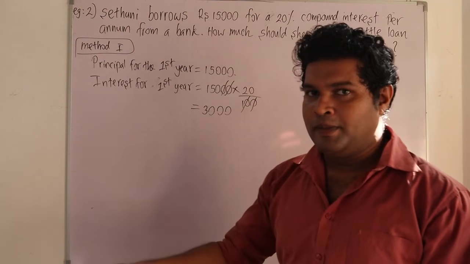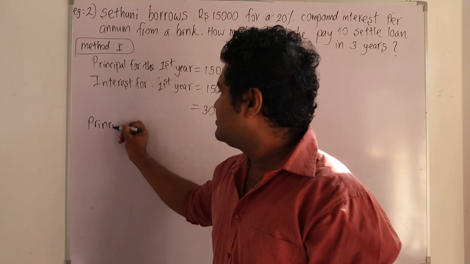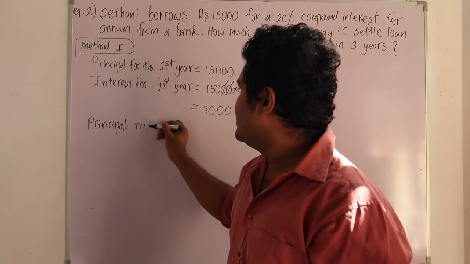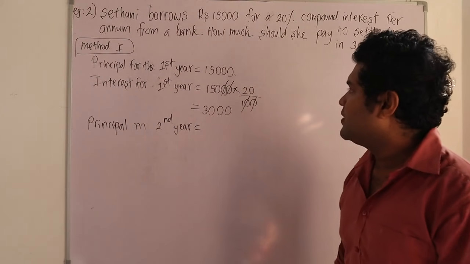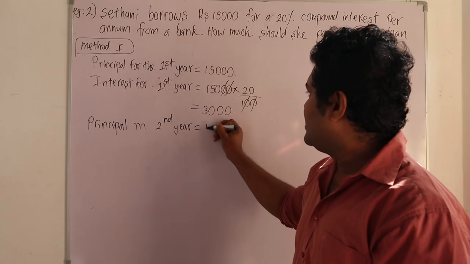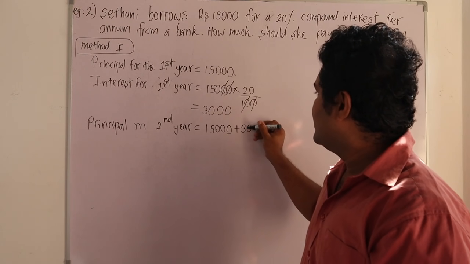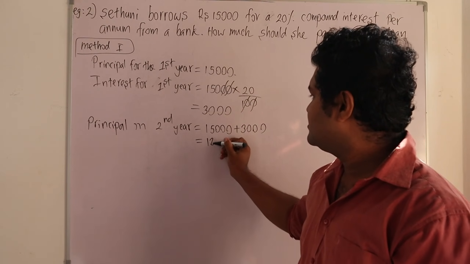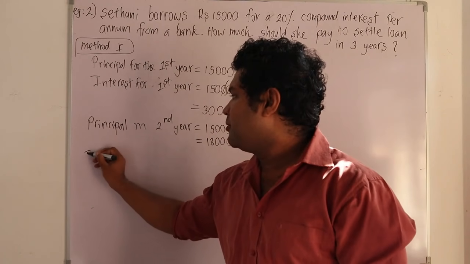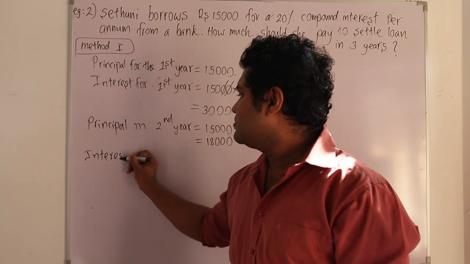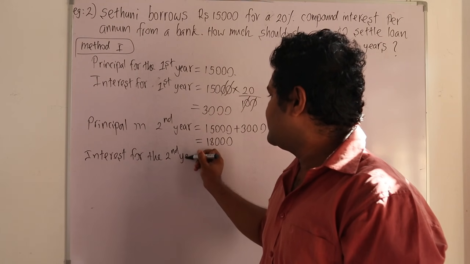Right, now principal, interest. Now principal for the second year. What is the principal for the second year? 15,000 plus 3,000, it is 18,000. Now we have to calculate interest for the second year.